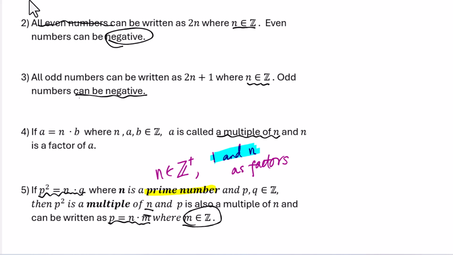All prime numbers have 2 factors, 1 and itself. So typical prime numbers are 2, 3, 5, 7, 11, 13, 17, 19, 23, and so on.